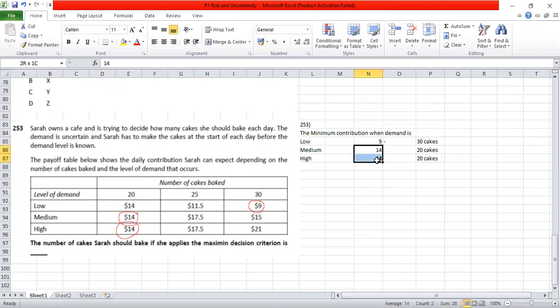Both of them are giving a maximin of 14. So the number of cakes which she has to bake is 20 cakes. Answer is 20 cakes.